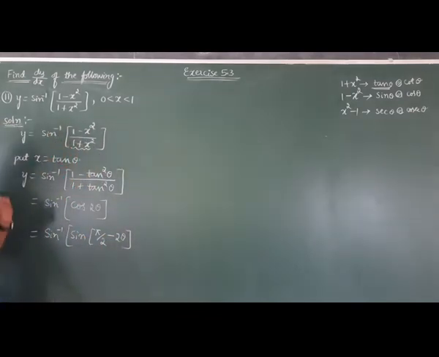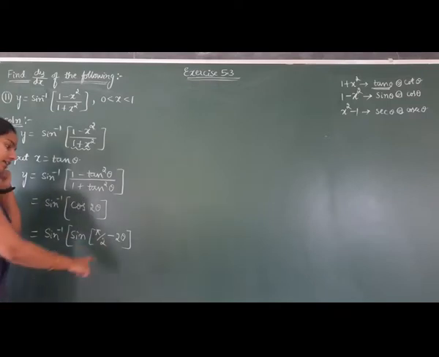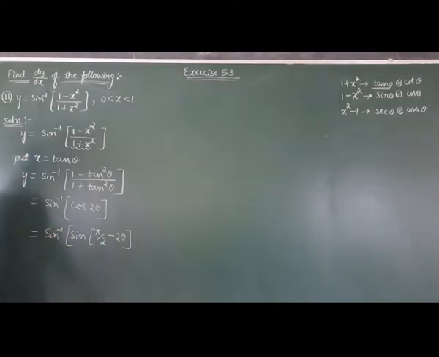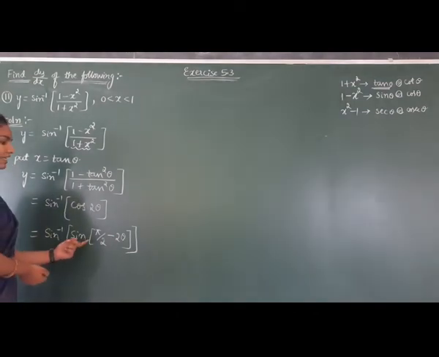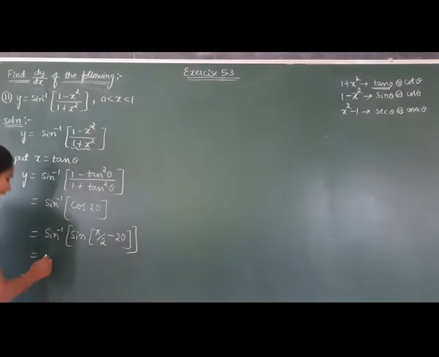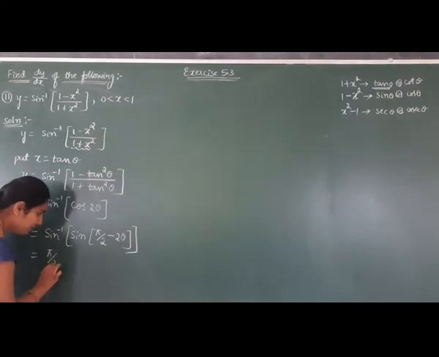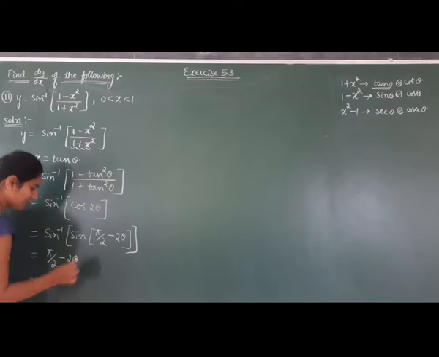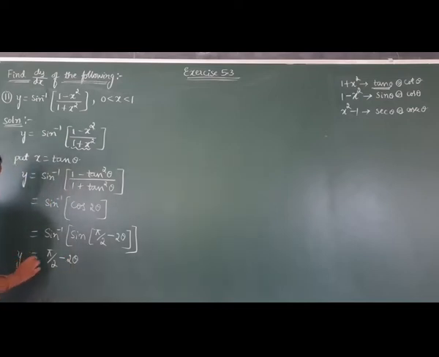Sin inverse of sin of an angle is equal to the angle, that is pi by 2 minus 2 theta. So y is equal to pi by 2 minus 2 theta.